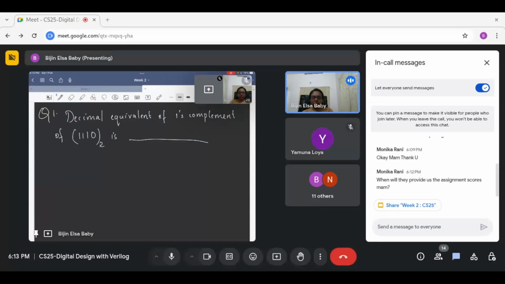You have to find out the decimal equivalent of the one's complement of this binary number.